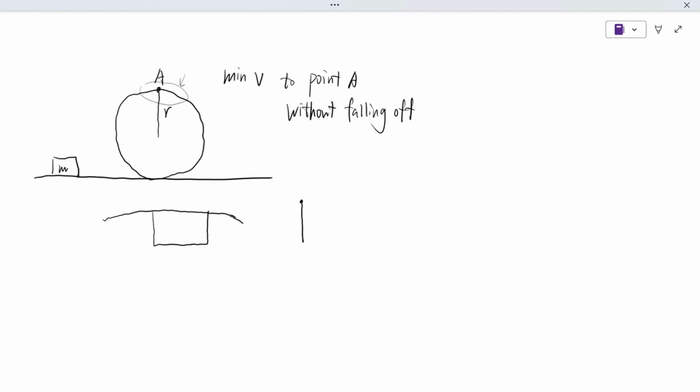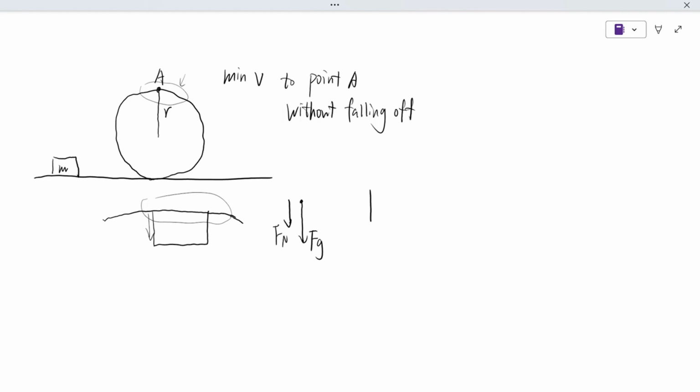There will be a gravitational force pointing downward. However, the normal force is also pointing downward because the surface is up here, and the surface is pushing the roller coaster downward, which means the normal force has the same direction as Fg.